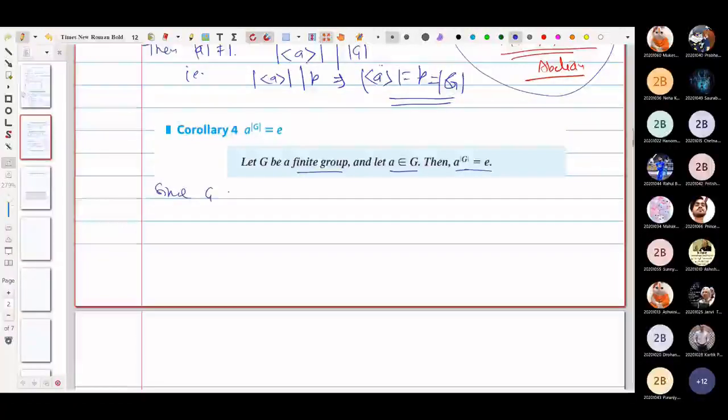Since G is finite, the order of any element should divide the order of G, that we know from the previous corollaries. The order of element A should divide the order of G. So this would imply that the order of G equals k times the order of A for some positive integer k.